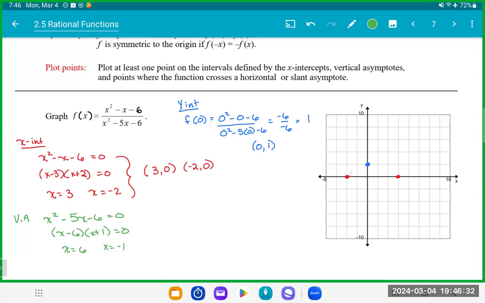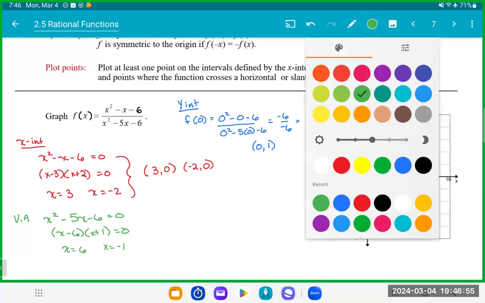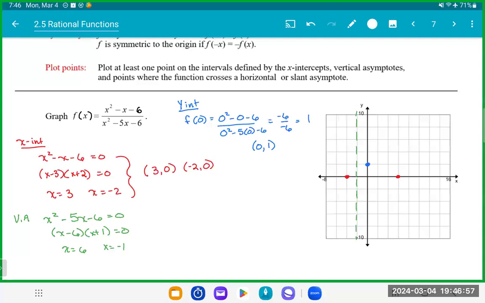So let's come over here, x equals -1. We'll put in our first vertical asymptote and x equals 6. Actually, it's fine. Let's just change this portion.